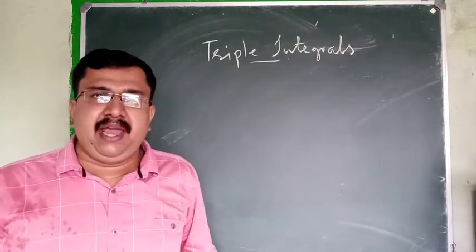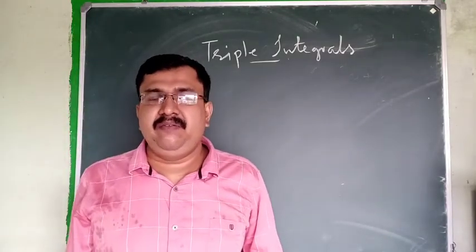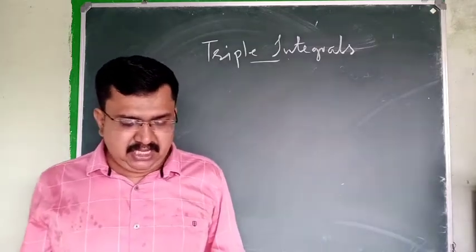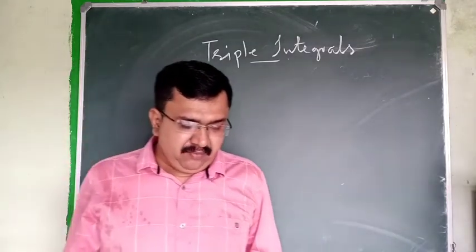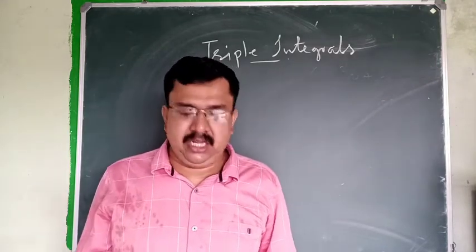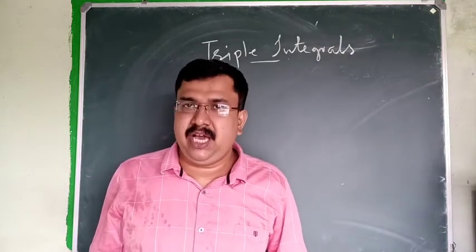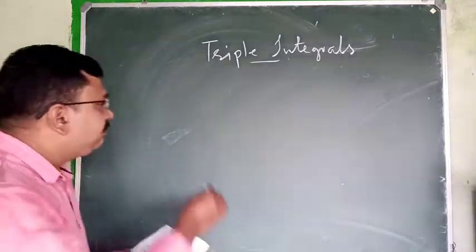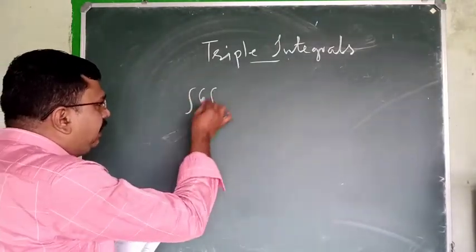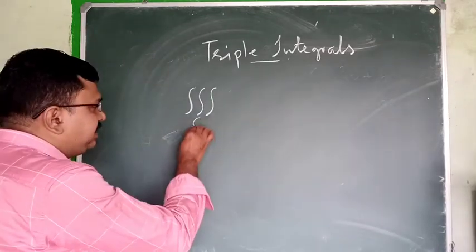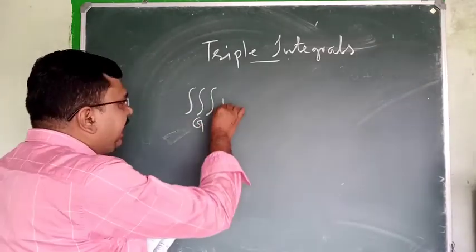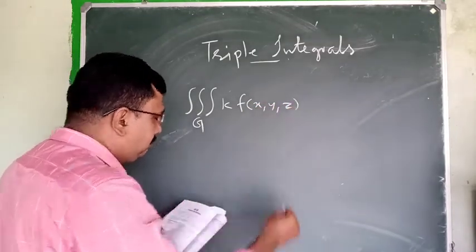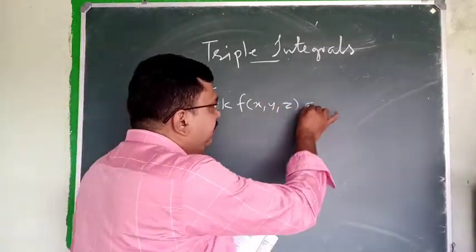If f is a function with variables x, y and z and g is another function with variables x, y and z, and if f and g are continuous functions, then we can write the triple integral over the region G of k into f of x, y, z dV.